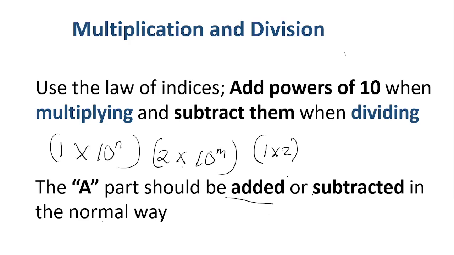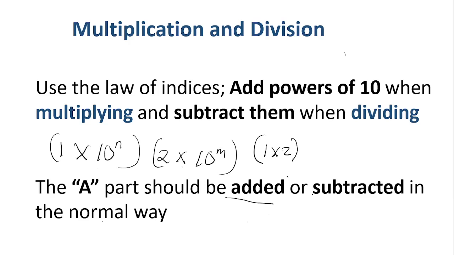That is when you're multiplying. On the other hand, when you are dividing, a times 10 to the power n, so a and n are just any numbers. Remember the rules that I gave in the first place.